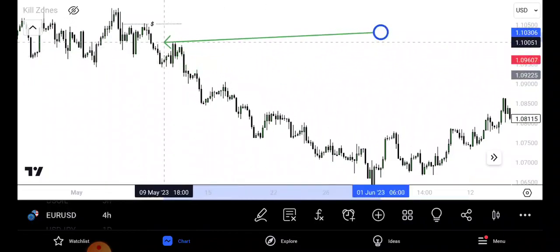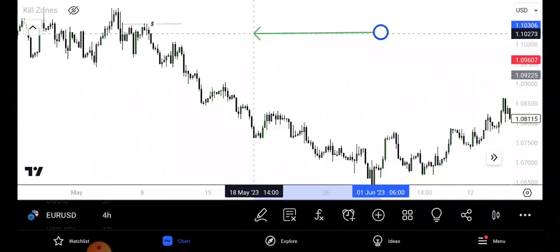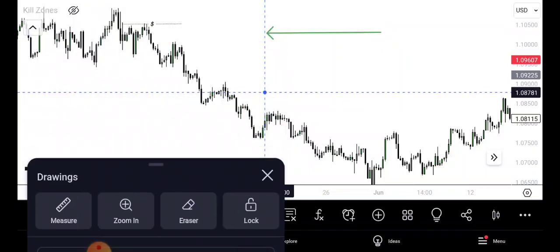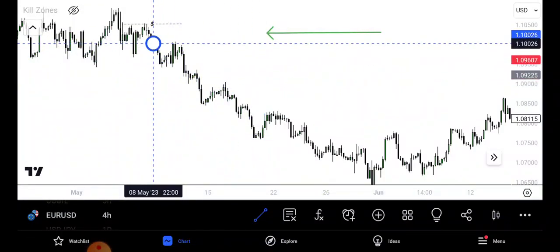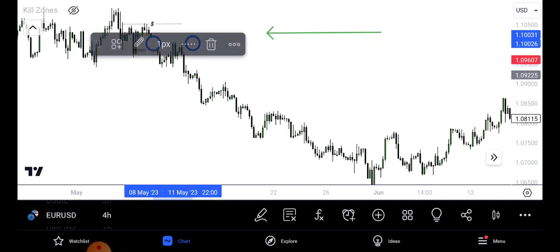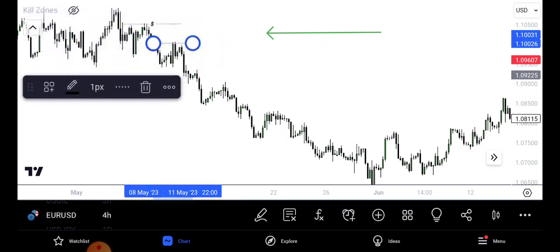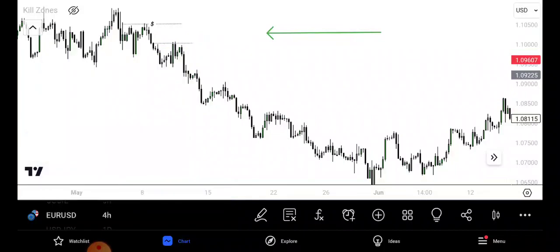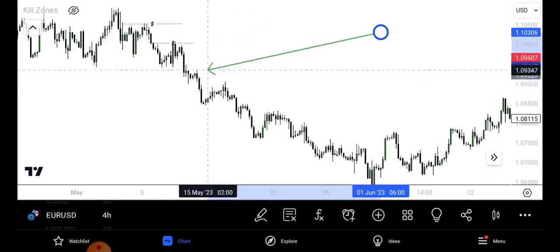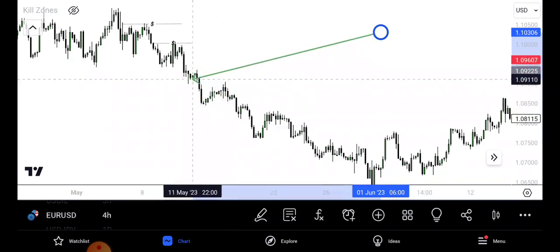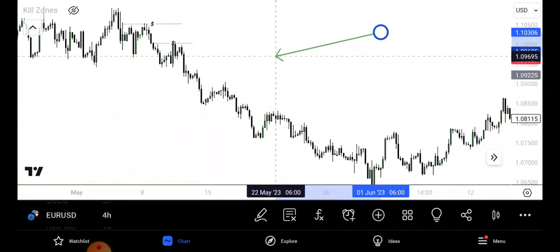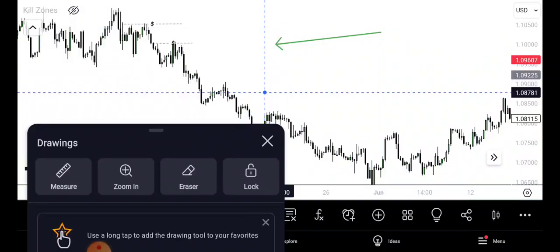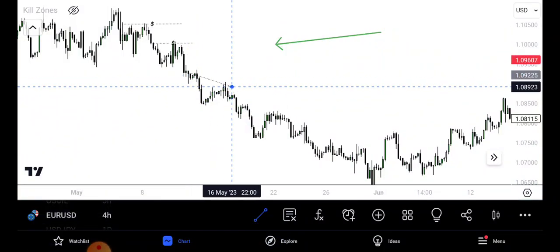So you can see it here, this point here, this point here, and this point here, relatively equal high liquidity, right? Relatively equal high liquidity right there. And also you can see this point here and this point here, kind of relatively equal high liquidity, so we can draw that now.